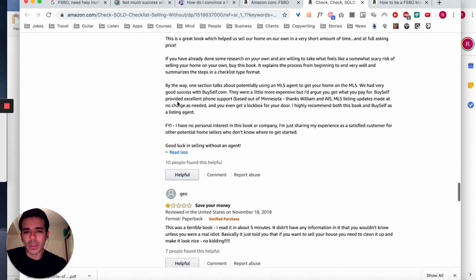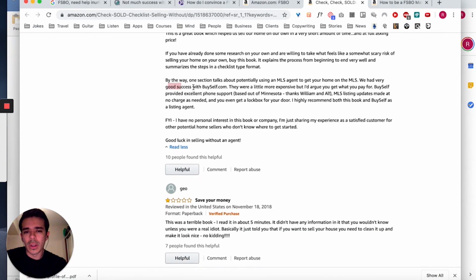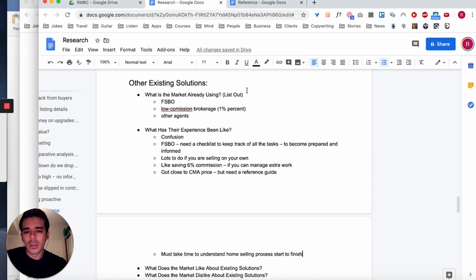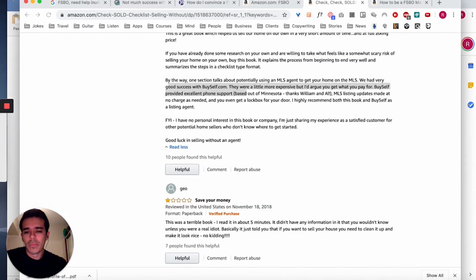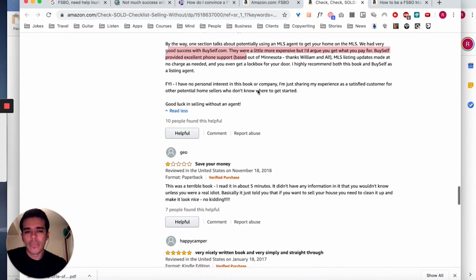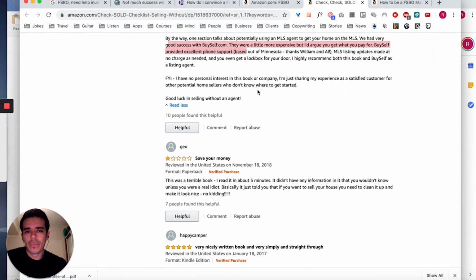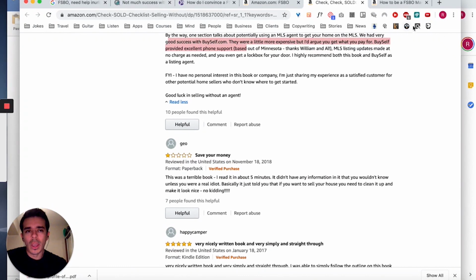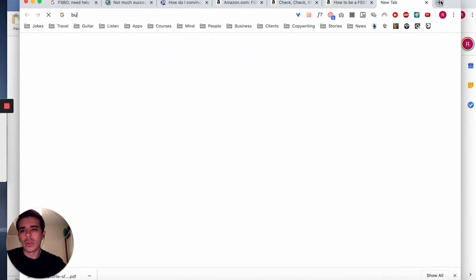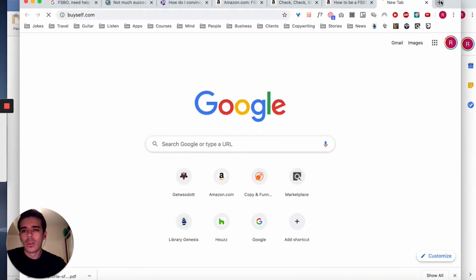By the way, section 1 talks about potentially using an MLS agent here. A very good success with buyself.com. Still have to use MLS. And I am also going to look that up.